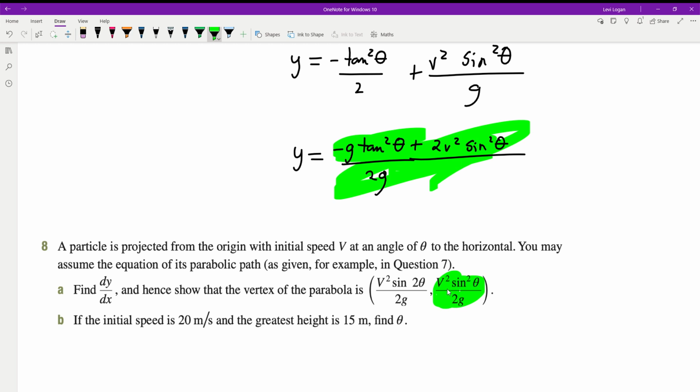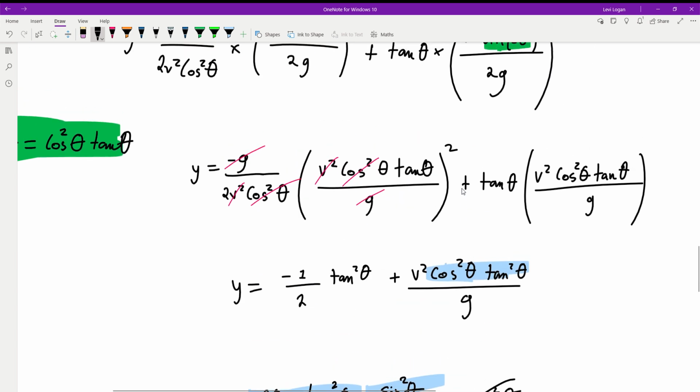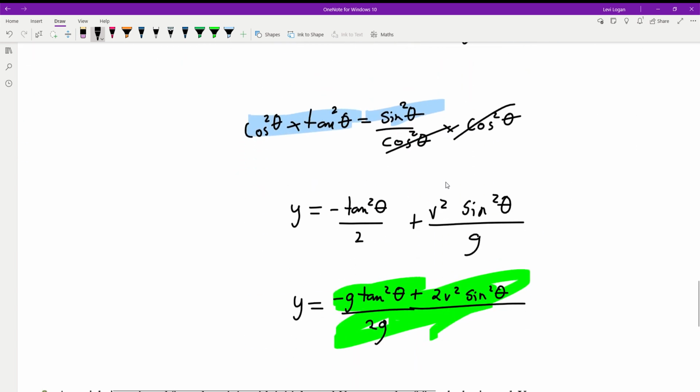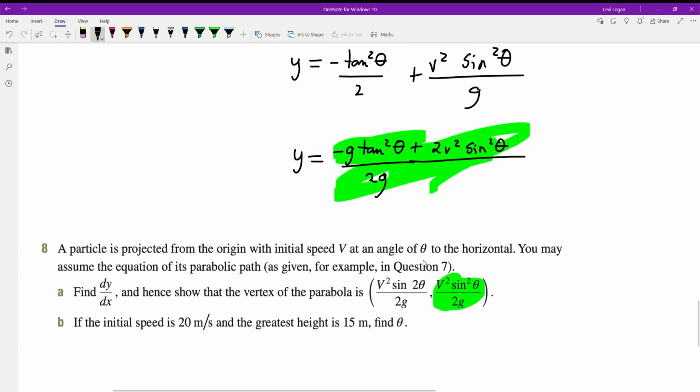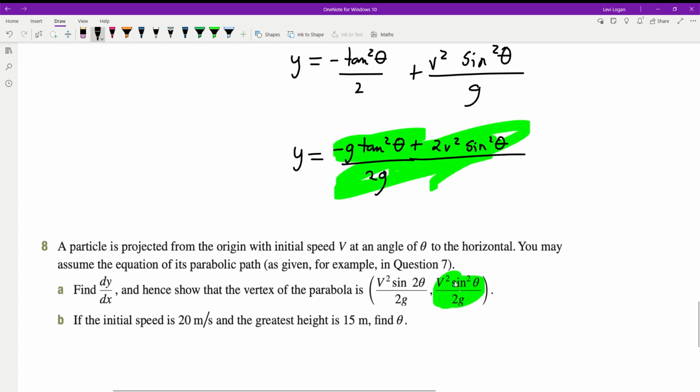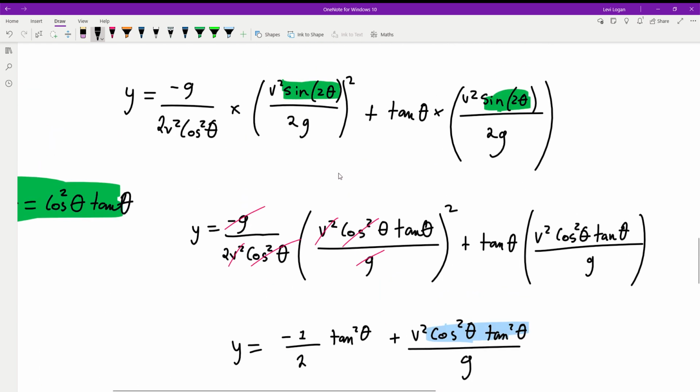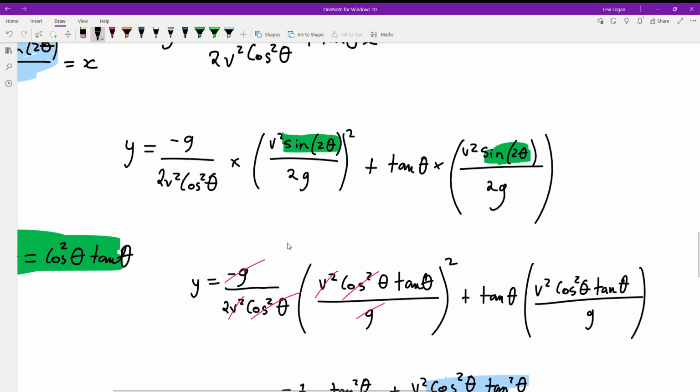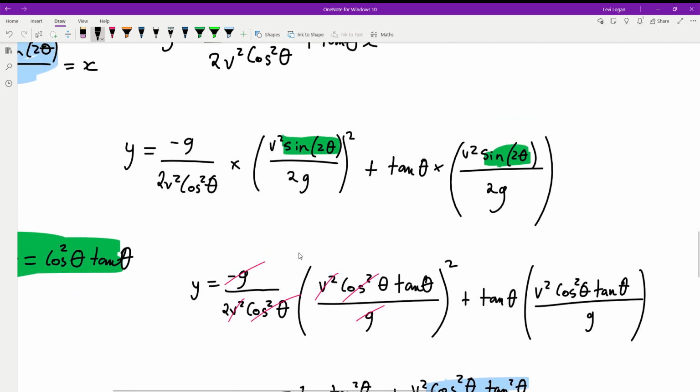V squared, tan squared theta. Hopefully we haven't made a mistake anywhere. I don't think we have. Negative. This will cancel. That cancels, yep.